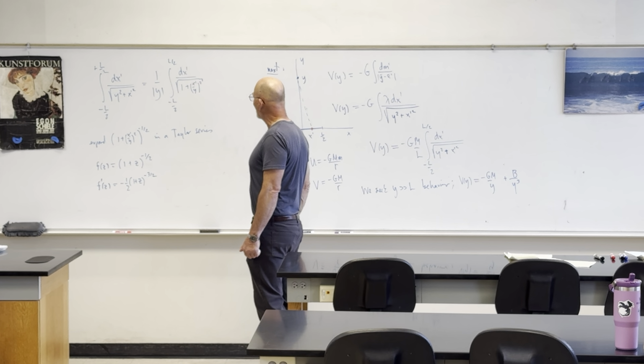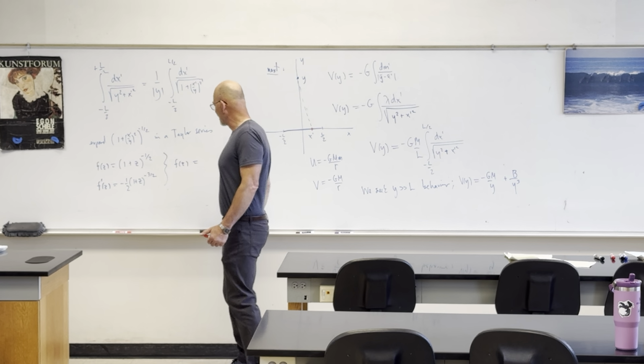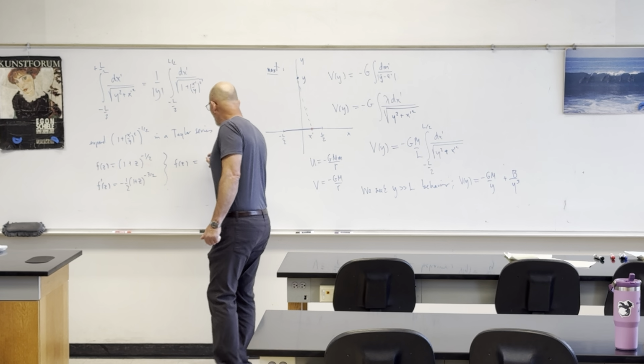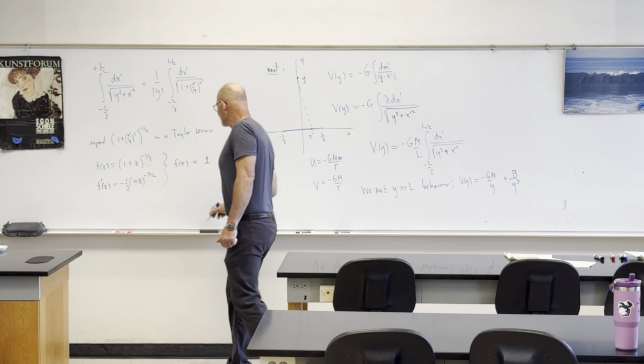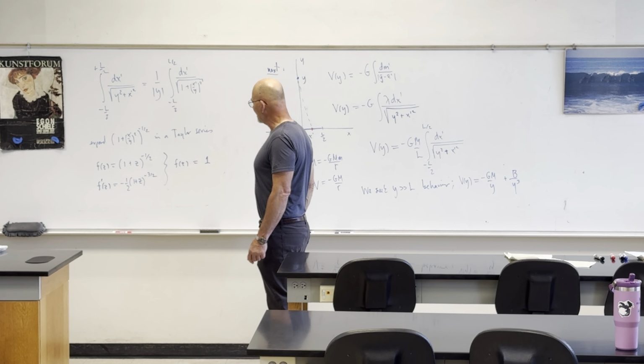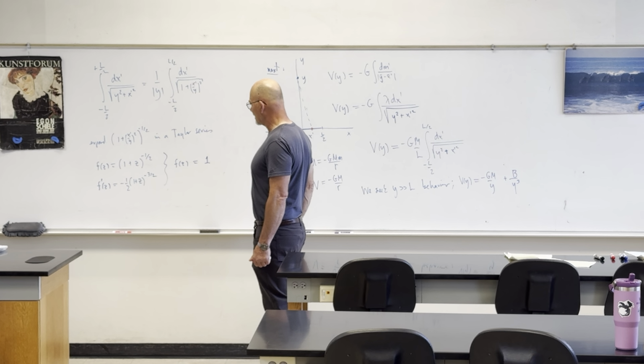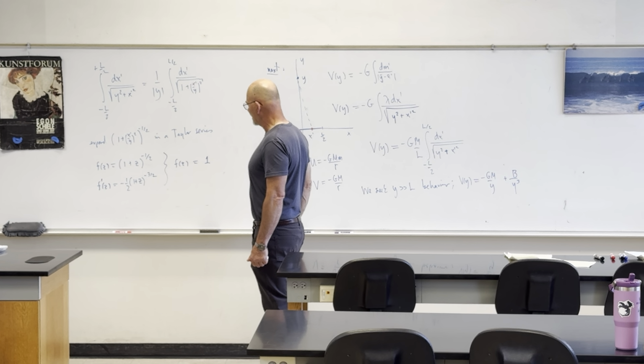So what's our Taylor expansion? F of z, when z is equal to 0, right? We're expanding around z equals 0, obviously a small quantity. So when z equals 0, we have a 1. So we have a 1 here, and then f prime of 0, we have minus 1/2.